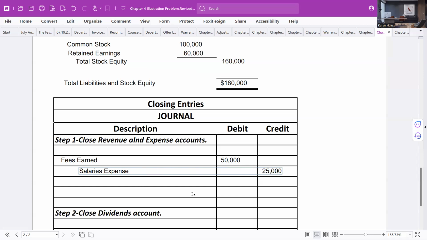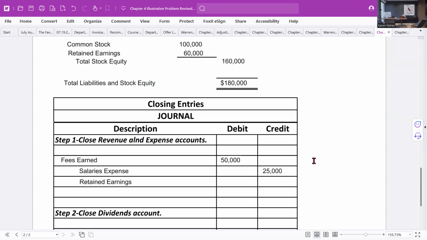And now we've got to balance this entry because remember, for every entry, the debits have to equal the credits. So we need something else over here on the credit side because we've got a debit for 50, but we only have one credit for 25. What else do we need? The thing that we're always going to need in this entry is retained earnings. So retained earnings needs to be the difference between the 50 and the 25.